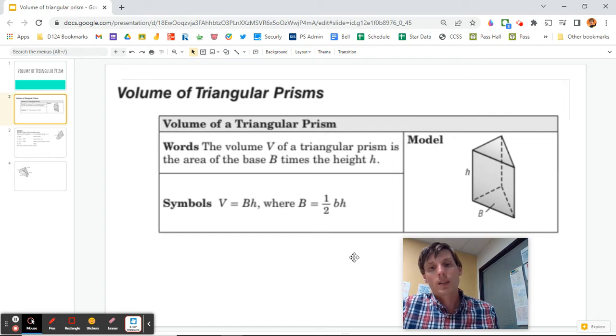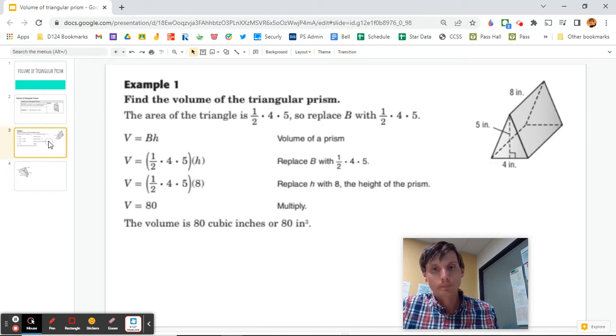And that big B, in this case, is 1/2 times the base and height, so these two sides, if they meet at 90 degrees. Let's look at this model here. They have our numbers labeled for us. Notice we have this triangle here as a base, and it's continued over there. It's connected by these rectangles, so we have a prism. First we need to find the area of this side right here.